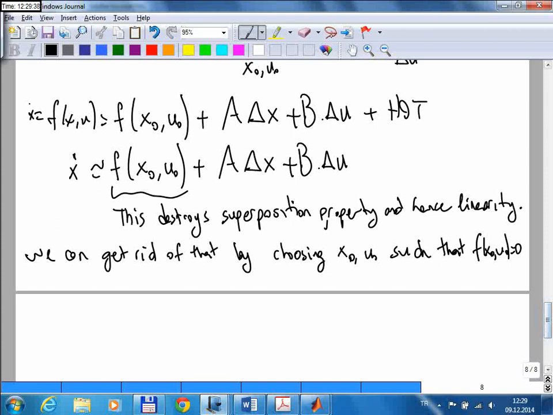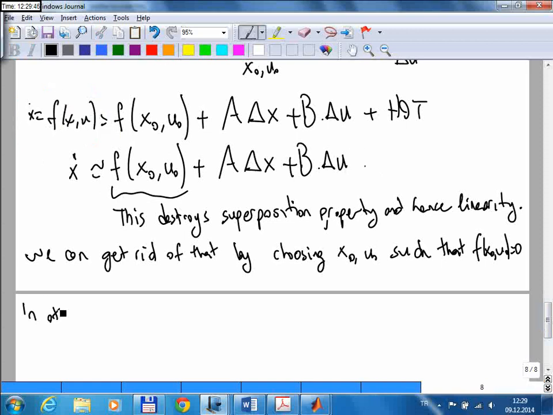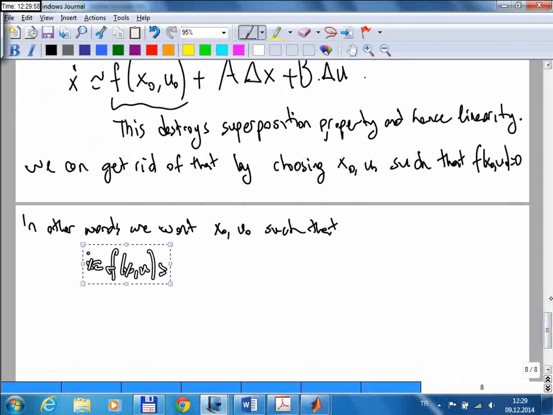So in other words, we want x0, u0 such that this becomes equal to 0.